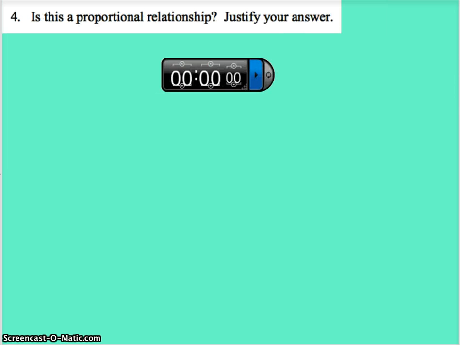Is it a proportional relationship? We know that the graph had a straight line between its x and its y axis, so it's definitely linear. It's definitely linear, but is it proportional? And the answer to this is yes.